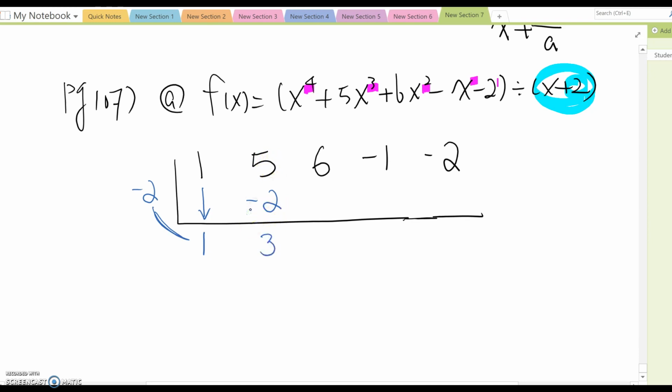Negative 2 times 3 becomes negative 6. Combine again, 0. Negative 2 times 0 becomes 0. Combine this, negative 1. Negative 2 times negative 1 becomes 2. Combine this, 0. And now the last number is the remainder.